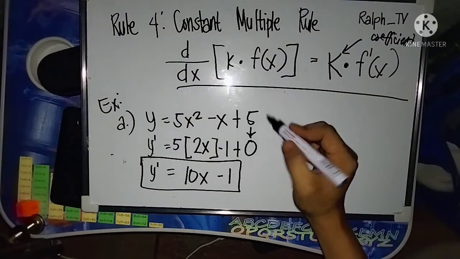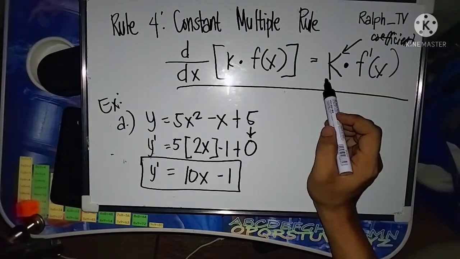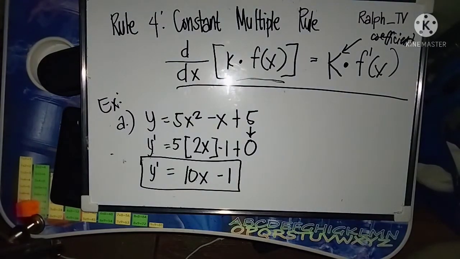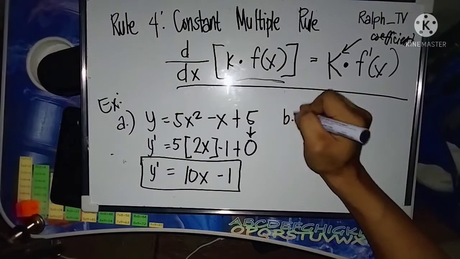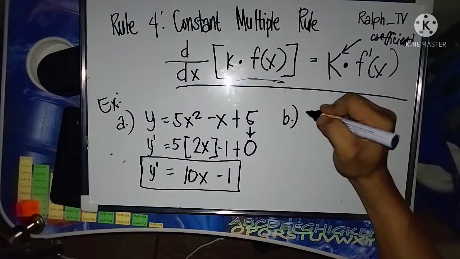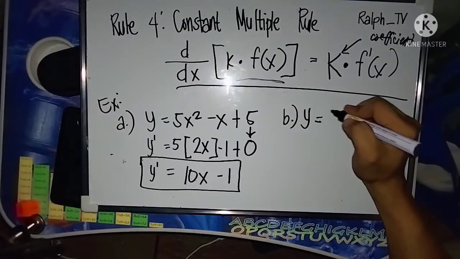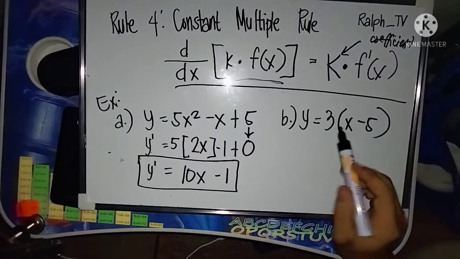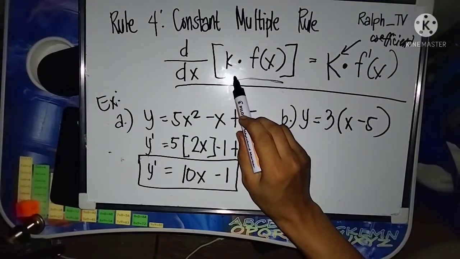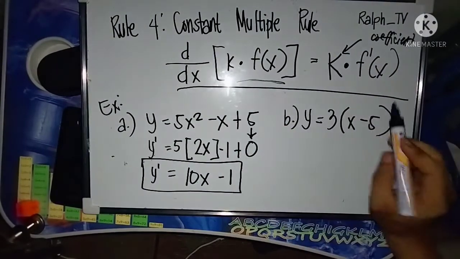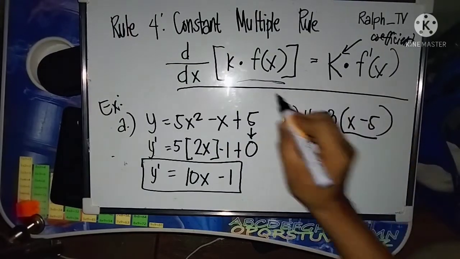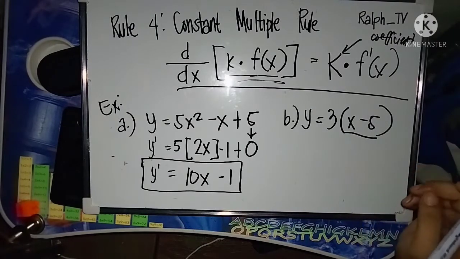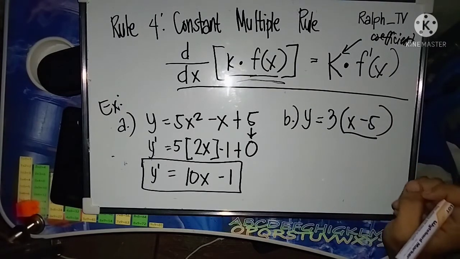Kung hindi nyo pa rin naiintindihan ito, magsaset tayo ng another example. So we have y equals 3 function of x. So ito na 3, which is ang ating coefficient, din na ating derivatives of a functions. So how to solve this in an easy way? Napakadali lang po nito.